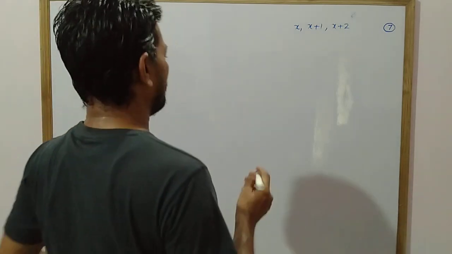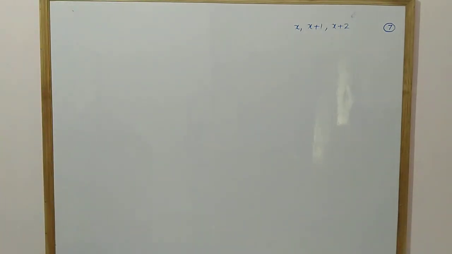For question number 7, 3 consecutive positive integers means 3, 4, 5, 7, 8, 9, 10, 11, 12, like that.